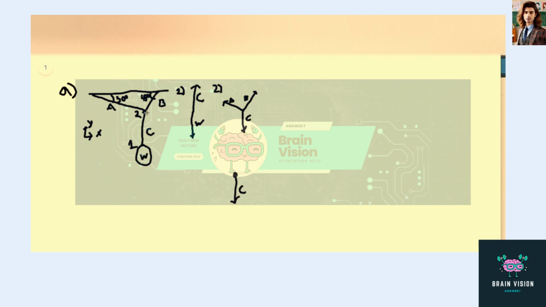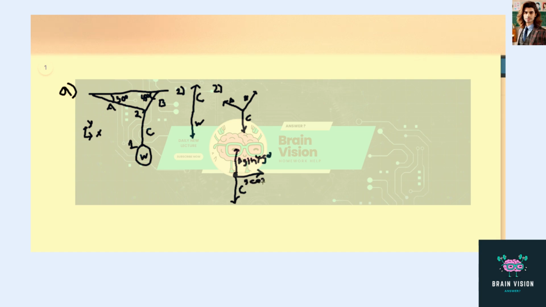And if we break the B down into components, the vertical component of the tension due to cord B will be B sine of 45 degrees. And the horizontal component then is B cosine of 45 degrees.